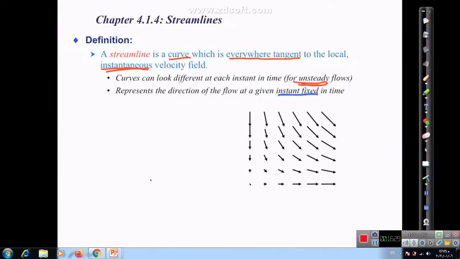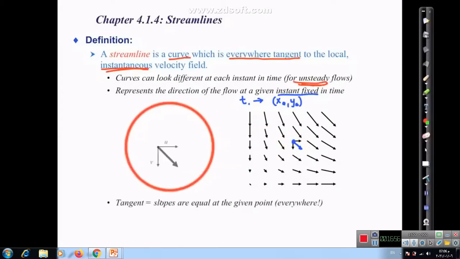And so at that instant of time, let's call it t, it's going to pass through a point of our choosing that we're going to call x0 and y0. And so let's say that that's this location right here, x0 and y0. And I've drawn the velocity vector that's shown here, highlighted in blue. It has two velocity components in the horizontal and vertical direction. And if we zoom in on that, we're going to take the horizontal component to be u and the vertical component to be v.